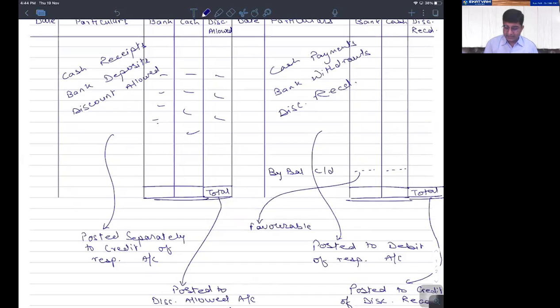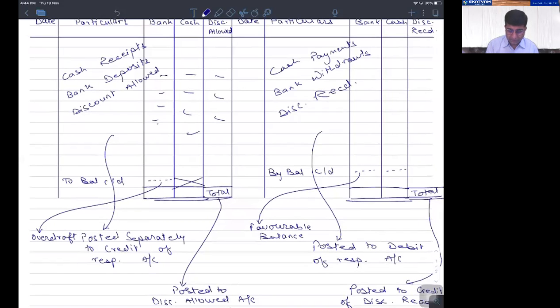Because that indicates deposits are more than withdrawals. Whereas if it is having the credit balance, I've written to balance carried down. If this is the situation, in that case, it is called as overdraft. Please understand the cash column can never have the overdraft. However, bank column can have the overdraft. Am I right? So this is not possible.